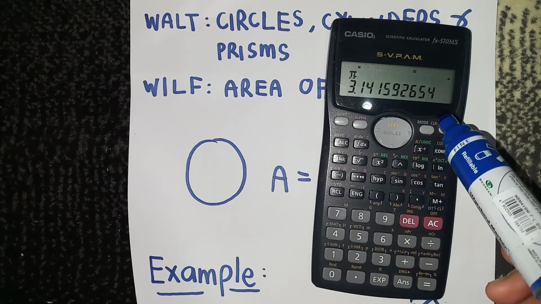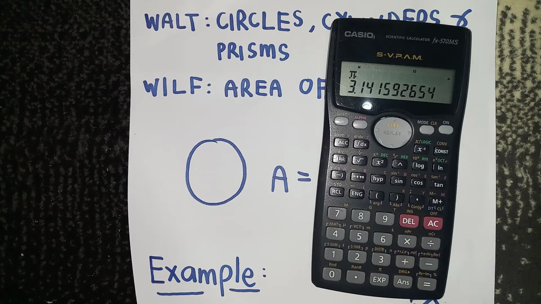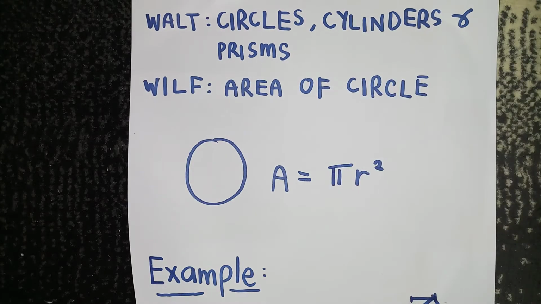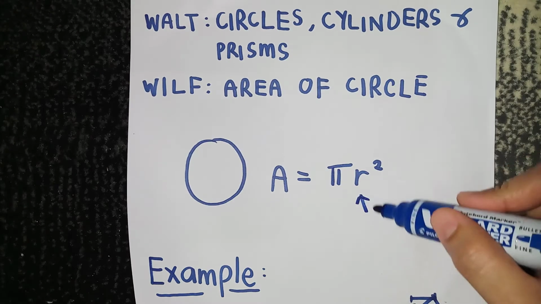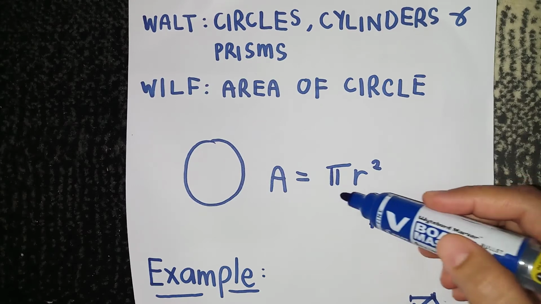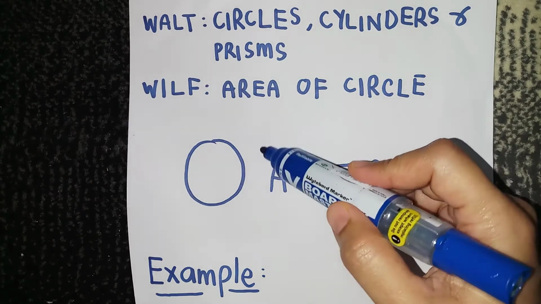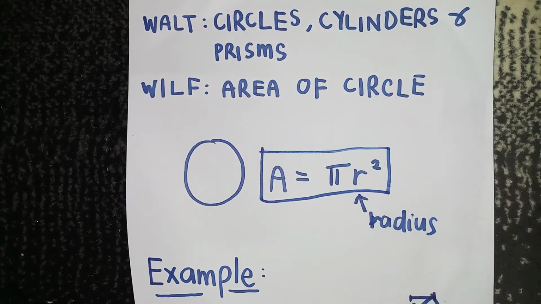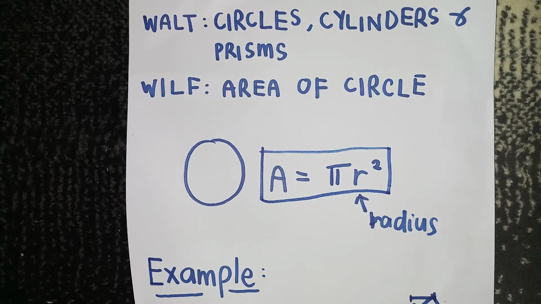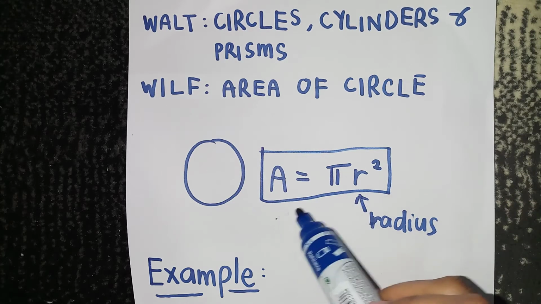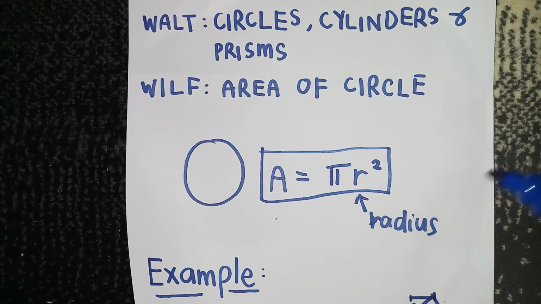So you don't have to worry about the value of pi. And r is the radius. Make sure you have this inside your notes. Take your exercise book, copy everything from the circle properties just now, and then copy this formula. It is very important: area equals pi r squared, where r is the radius.